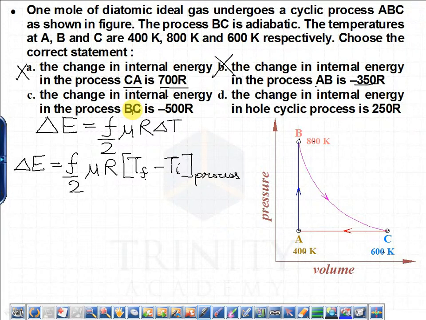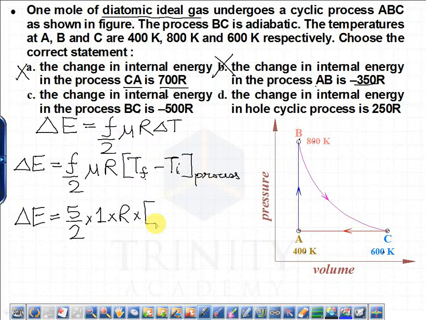Now if we substitute the values over here, delta E is equal to, F indicates degree of freedom. For a diatomic ideal gas, degree of freedom is 5. So 5 by 2, mu is 1 mole given to you, R is of course universal gas constant, into final temperature 600 minus initial temperature 800.